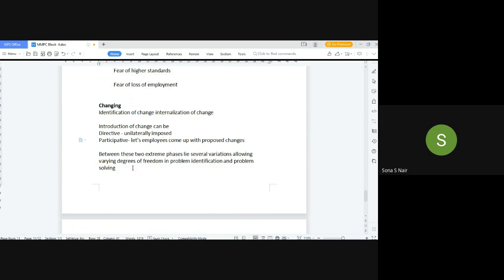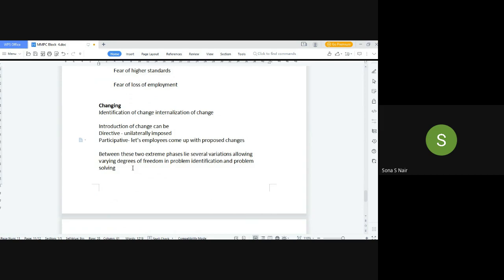So, when the change mechanism kicks off, there could be a variety of scenarios, variety of situations which can exist, and it could also differ from employee to employee, or from department to department, or from level to level.